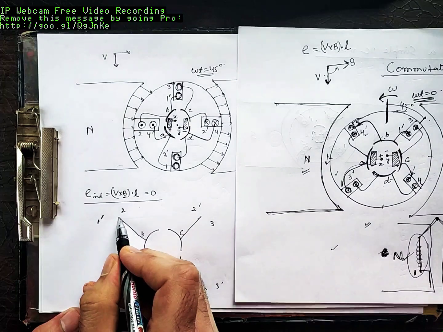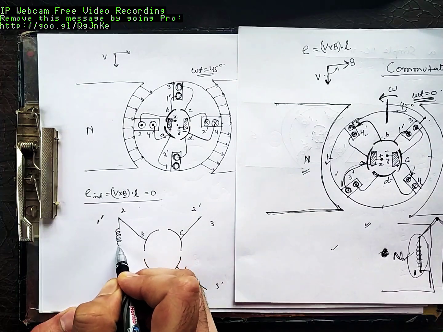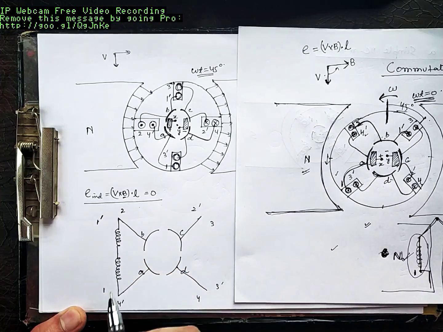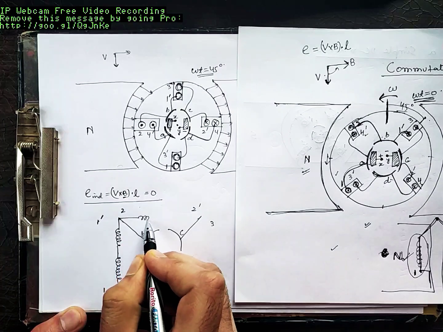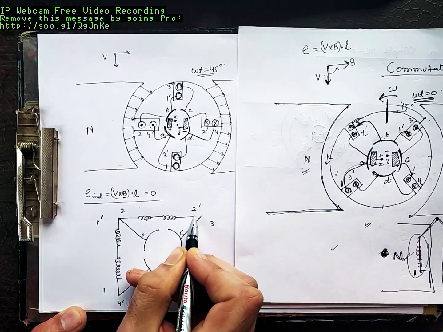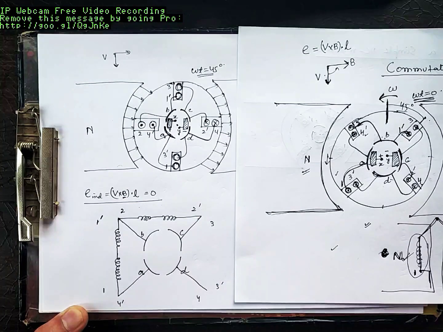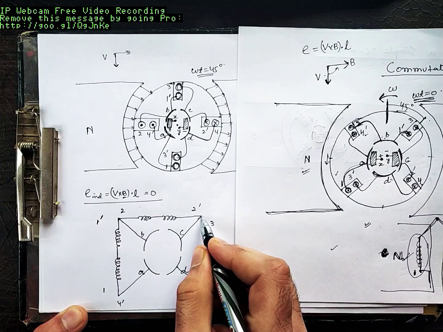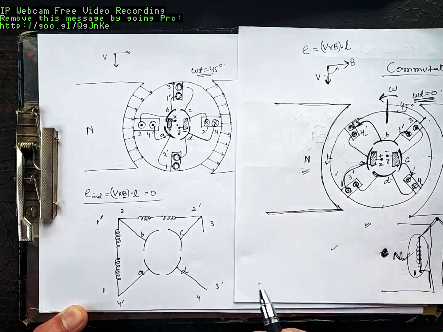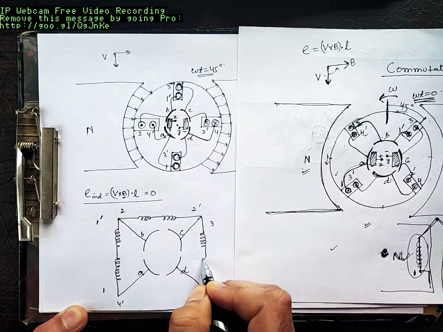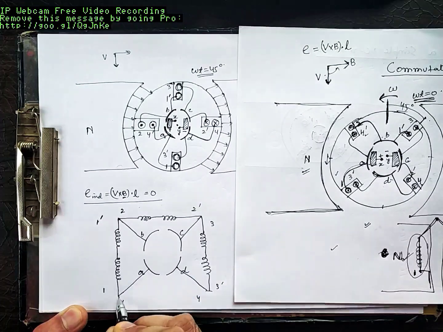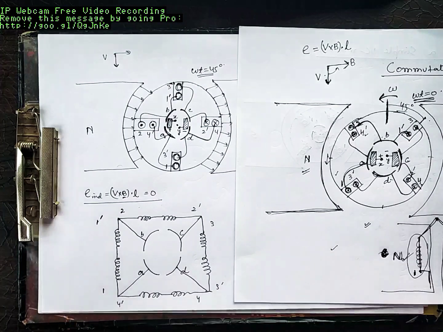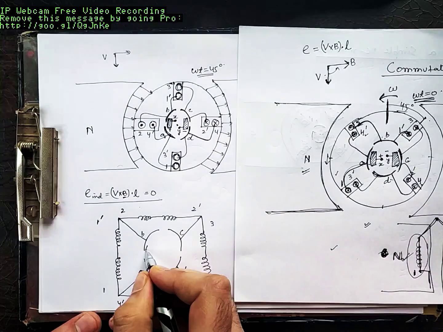So this is one side of coil A, another side of coil A, one side of coil B, another side of coil B. One side of coil 3, another side of coil 3. One side of coil 4 and another side of coil 4. Where are the brushes? They are here.